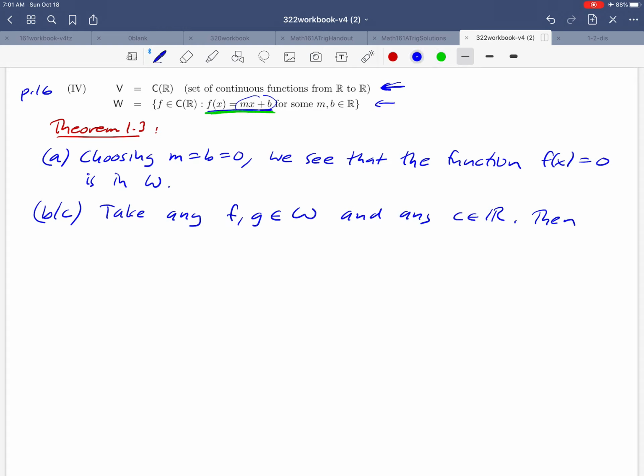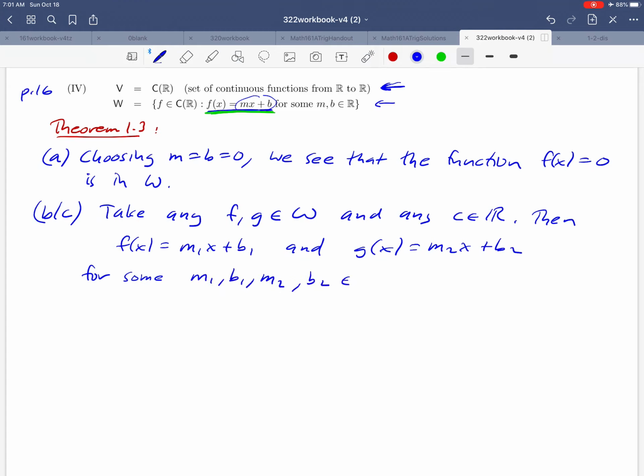So we know then that f and g can be written in that form. So f maybe looks like m1x plus b1, and g looks like m2x plus b2, for some real numbers m1, b1, m2, and b2.